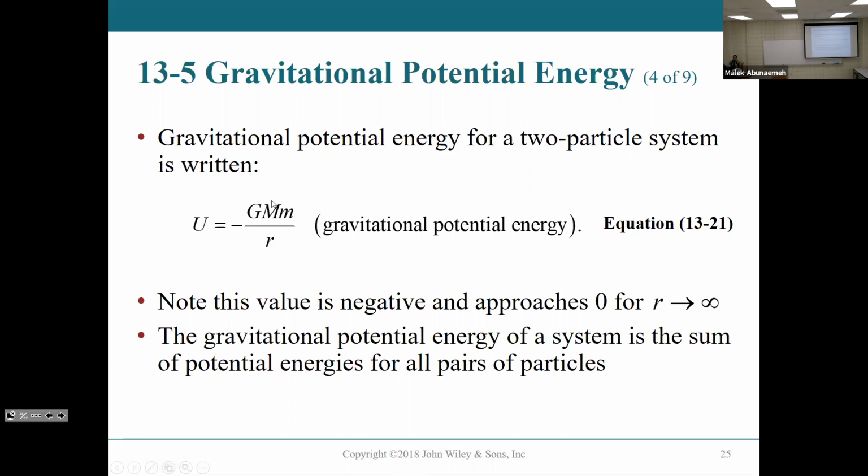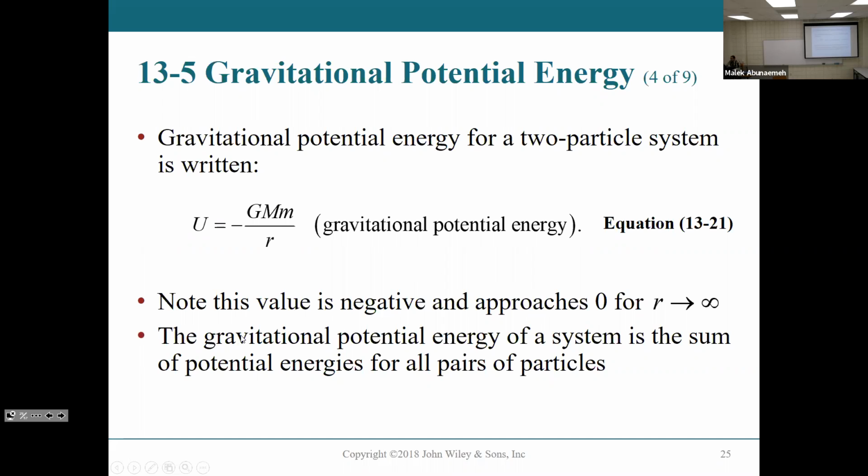I like to call them M1 and M2. The negative sign is there because the further you go, the greater your potential energy should be. So you start off from a negative number and it approaches zero. Your gravitational potential energy actually grows larger with distance.